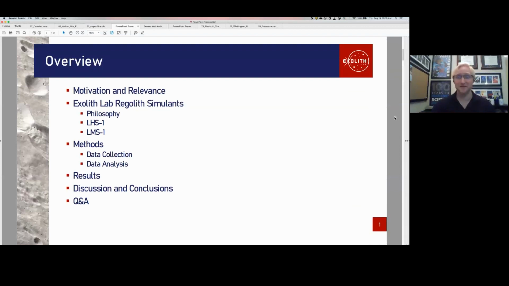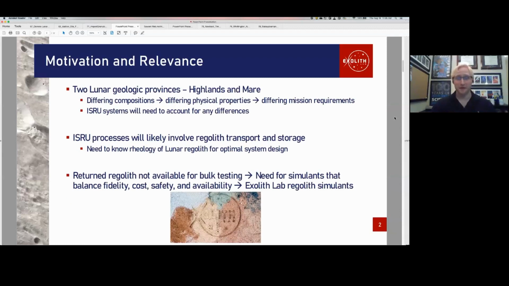Next slide, please. For a little bit of background, we know that the moon has two distinct geologic provinces, namely the lunar highlands and the lunar mare. The regolith in these provinces each has a unique composition and is expected to have different physical properties that present mission-specific challenges imposed by this varying regolith behavior.